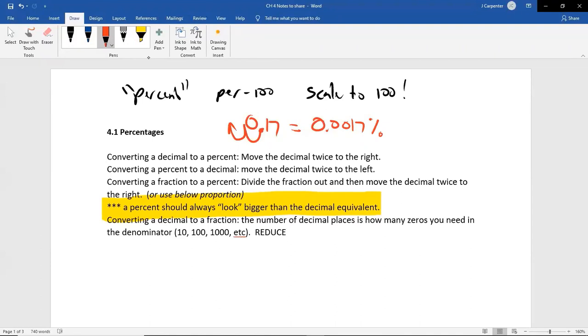Well, hold on. What's this little memo say that we were just talking about? A percent should always look bigger than the decimal. Again, if you're just looking at the number with the percent symbol, 0.0017 absolutely does not look bigger than 0.17. This looks smaller, which says we did the whole thing wrong, but that little highlighted self-check is there to save yourself so many times.